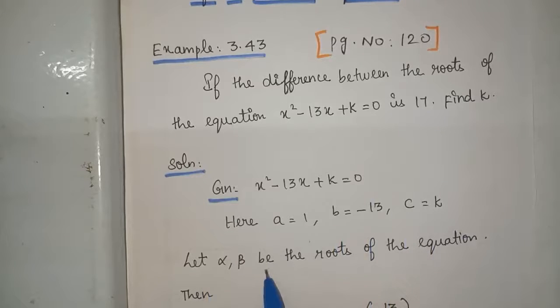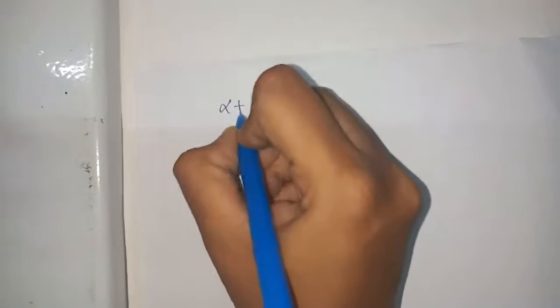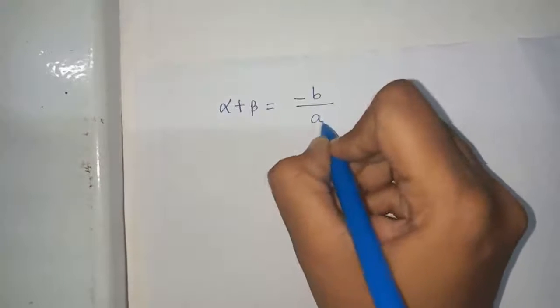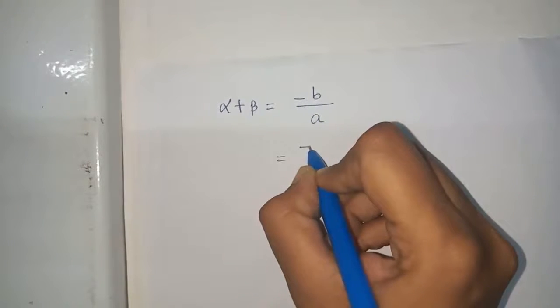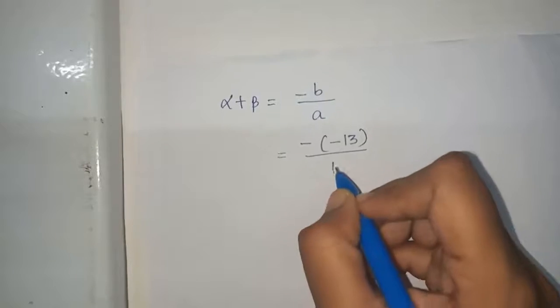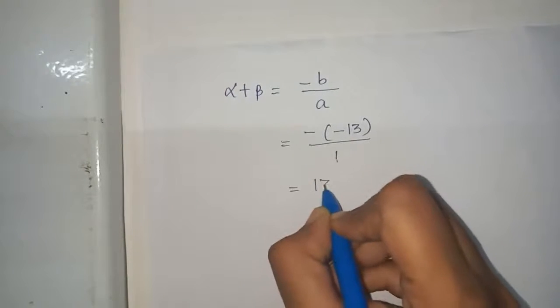Let alpha, beta be the roots of the equation. Then we know the formula alpha plus beta = -b/a, which is -(-13)/1, which is nothing but 13.